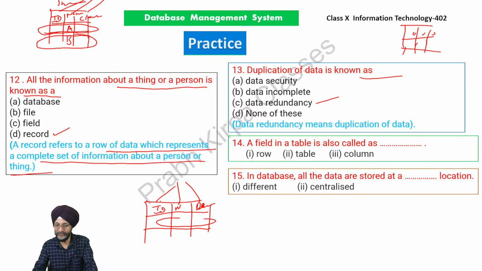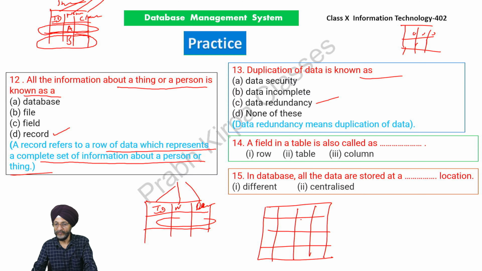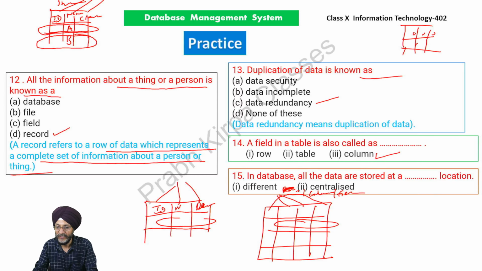This field can also be known as column. These are rows. These are columns. These are fields or columns. These are rows, or these are also called records. So our answer is a field in a table is also known as column.